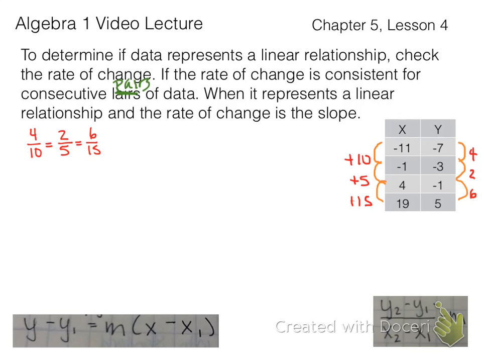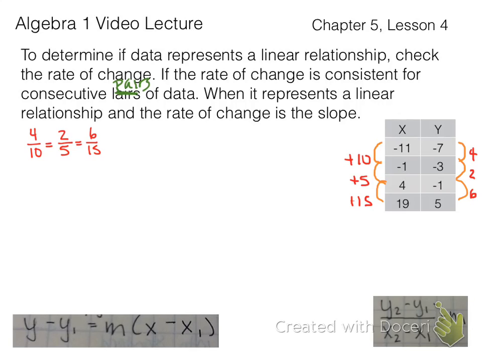So here I went through and I looked at the differences. The differences in the x's: negative 11 to negative 1 is a 10 increase. An increase from negative 1 to 4 is a positive 5 increase, and 4 to 19 is a positive 15 increase.